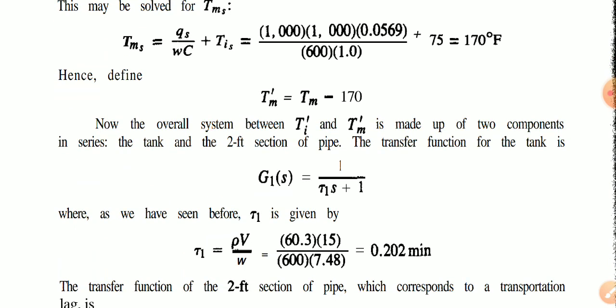Now T dash m is equal to Tm minus 170. T dash m, remember, note down this data.